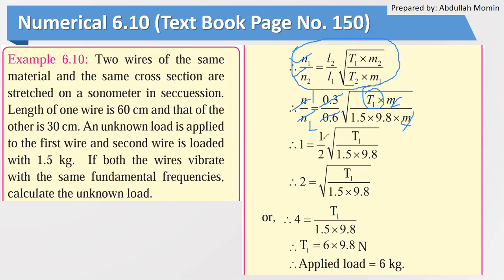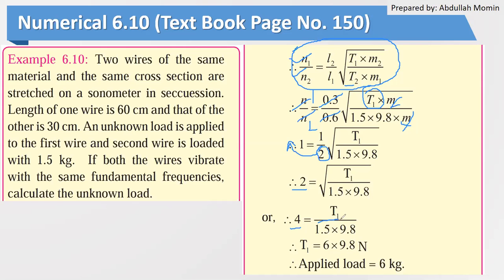So that becomes 1 by 2 root T1 upon this. 2, which is in the denominator, goes to the other side of the equal sign and it becomes 2. And in order to remove this square root, we are going to square this equation. So 2 becomes 4 and this square root gets cancelled after applying the square on both sides of the equation.